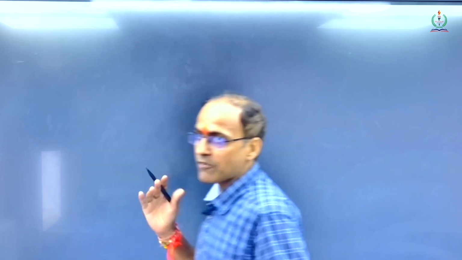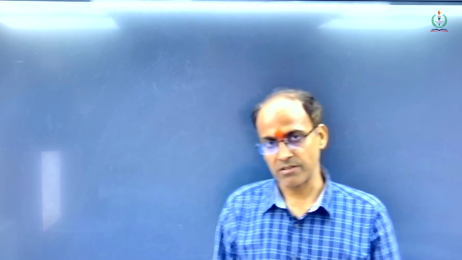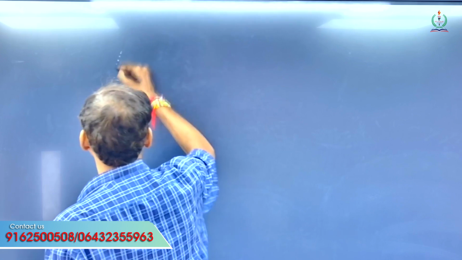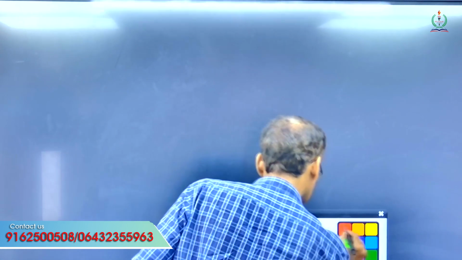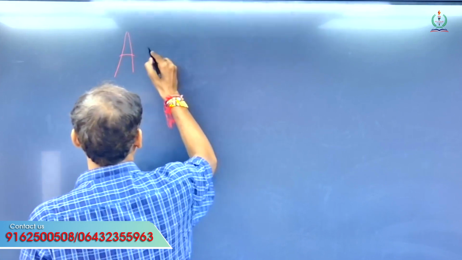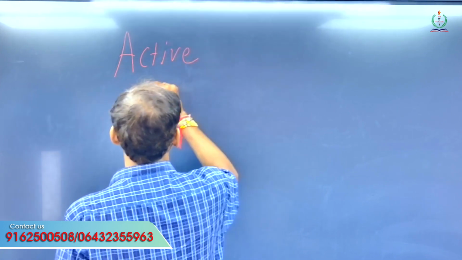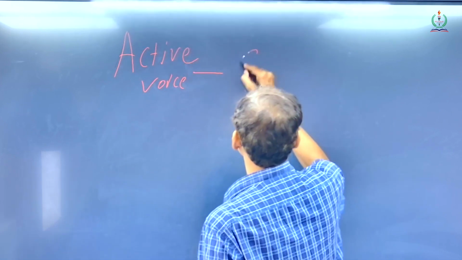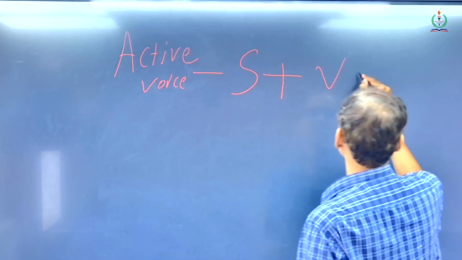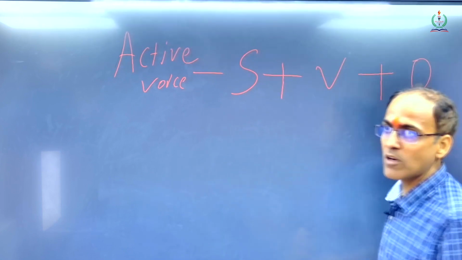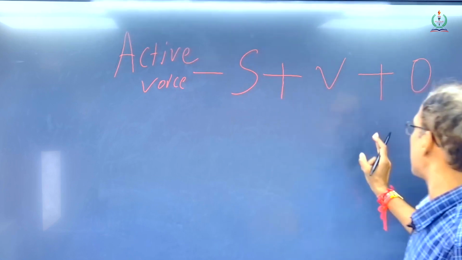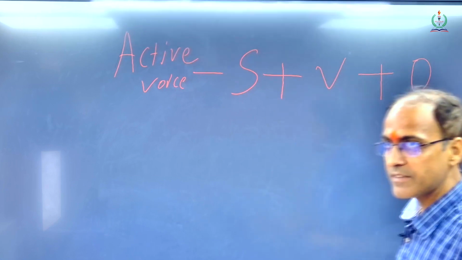If I write down the structure of an active voice sentence and a passive voice sentence, then you will get to know it. The active voice structure goes like this: it is subject plus verb plus object. That's what we discussed in the last class. That is an active voice.